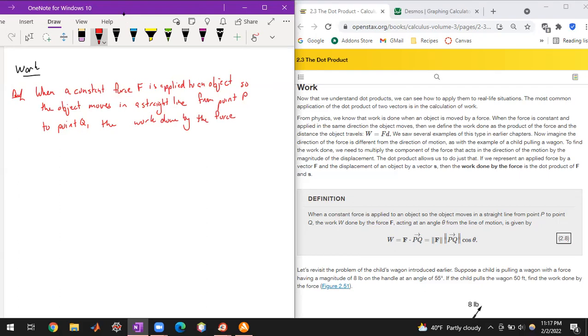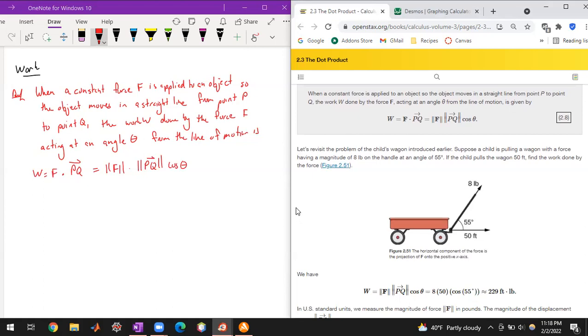The work W done by the force F, acting at an angle theta from the line of motion, is work equal to force times the vector PQ, which is equal to the magnitude of the force times the magnitude of our motion PQ times cosine of the angle between them.